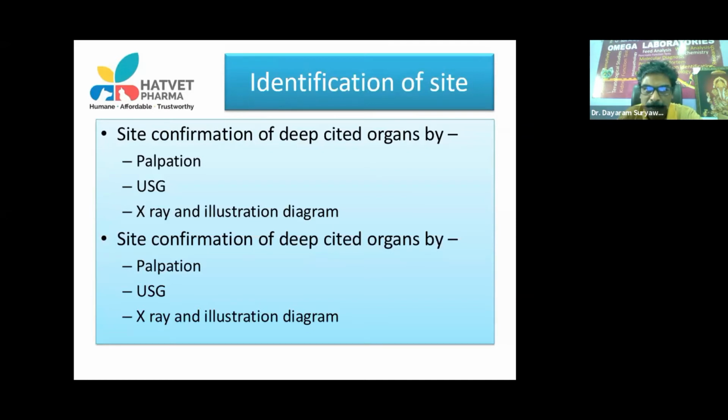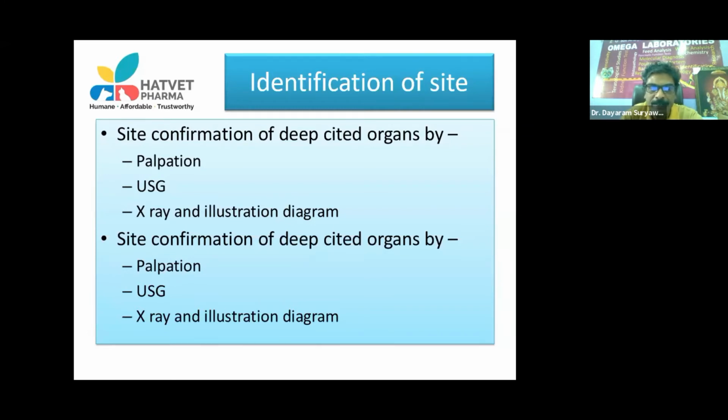That can be achieved by palpation, then you can go for USG, the sonography of the same organ, and simultaneously you can insert the needle in that particular organ and collect the aspirated fluid, tissue or cells with the help of the USG probe. So it is a simultaneous procedure. First palpation followed by the USG, then insertion of the needle at the proper site, and then collection of material.